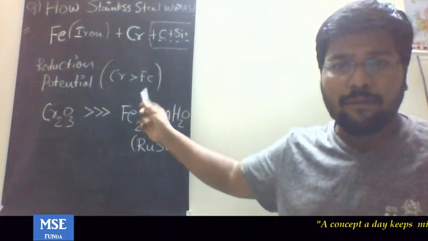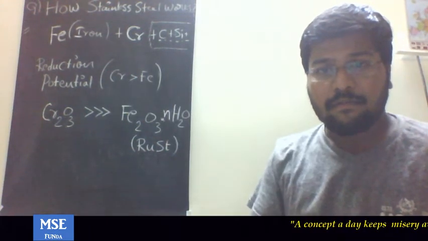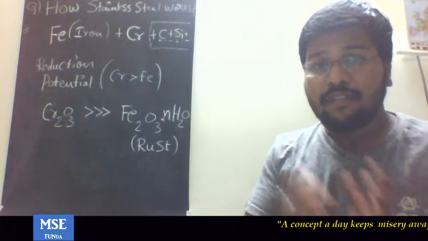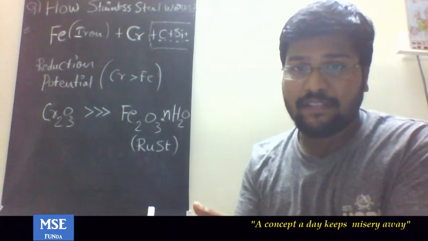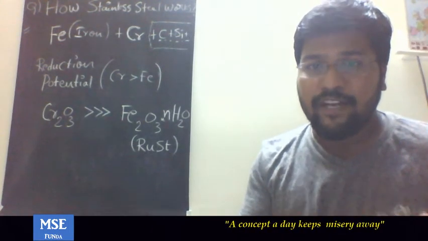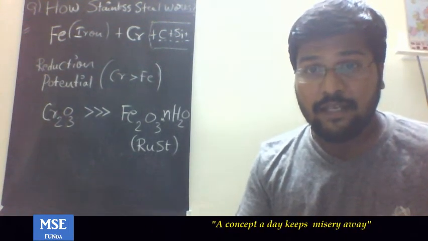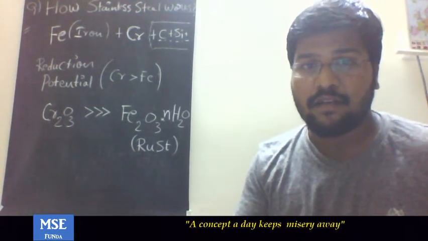And this amazing property of making a metal rust-proof has originated from decades of research. Initially, iron is considered to be the most widely used metal. Unfortunately, it has a few limitations, which include the formation of rust.